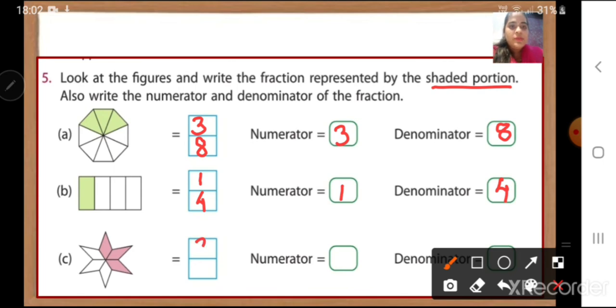So the numerator will be 3 and the denominator is the total parts. Count how many: 1, 2, 3, 4, 5, 6. There are total 6 parts. So numerator is 3 and denominator is 6. Write down the answers, children, in your textbook, in your boxes.